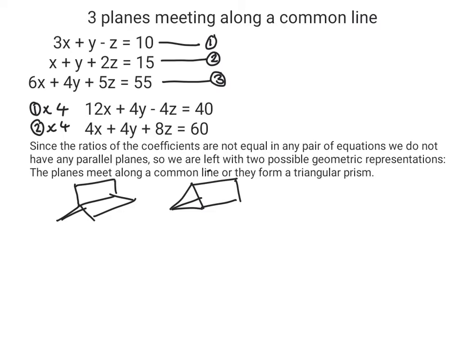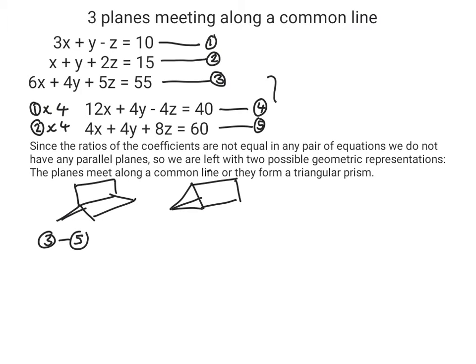So the first thing I'm going to do is relabel these equations as well. Let's call that one 4 and call that one 5. So I'm going to eliminate the y from the equations. First I'm going to do equation 3 minus equation 5.